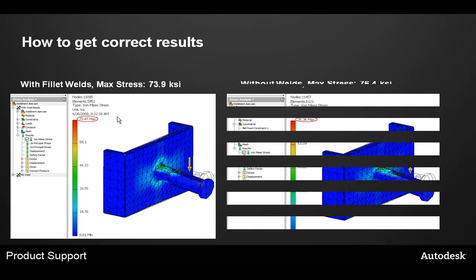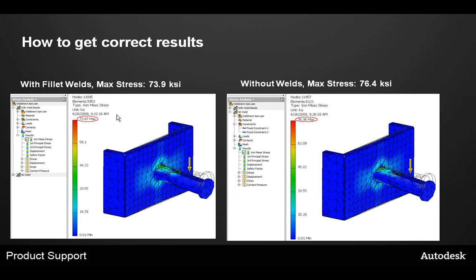If I compare this to the situation without the weld beads, I get 76.4 ksi, so the value in this case is higher than the situation with the weld beads, and this is what we originally intuitively were expecting. So this is hopefully a good illustration of how you can correct an original wrong situation into more accurate results.